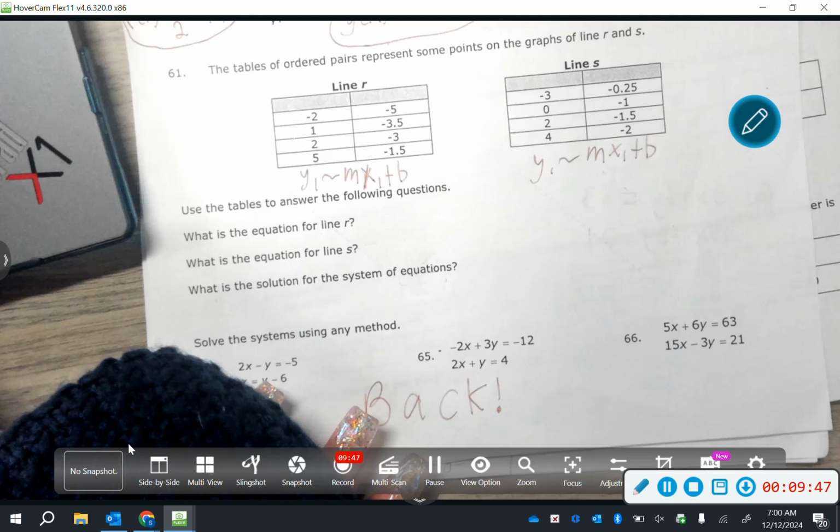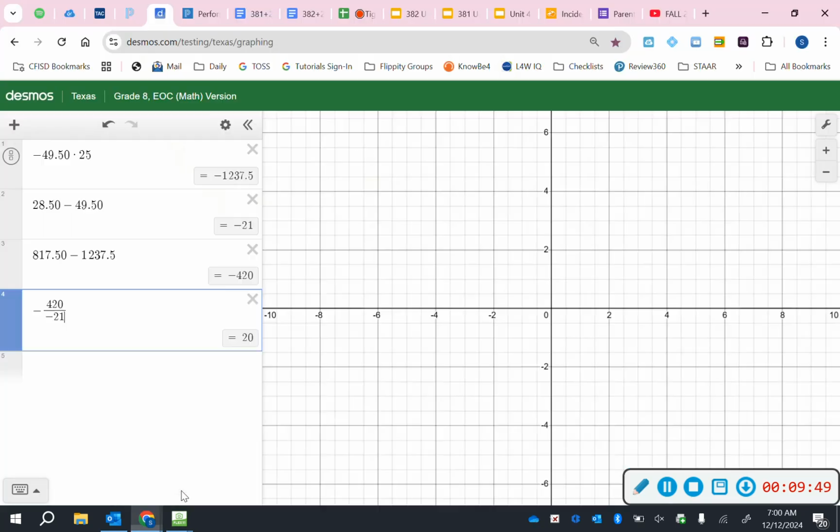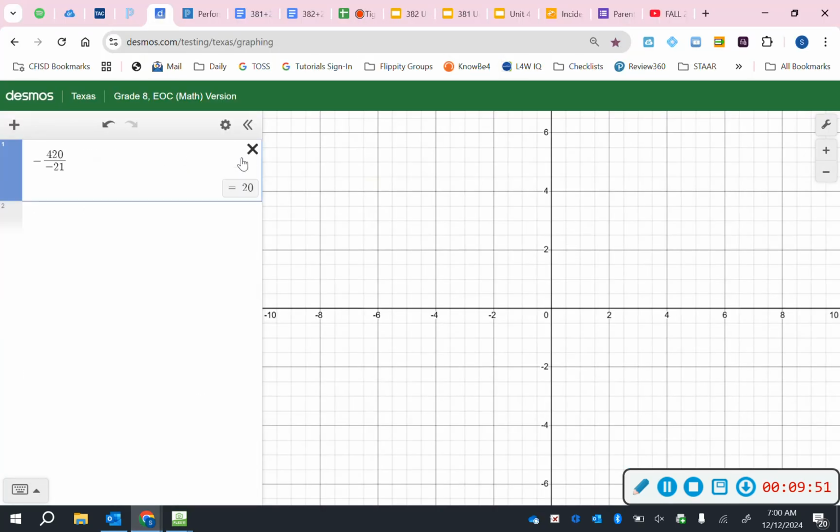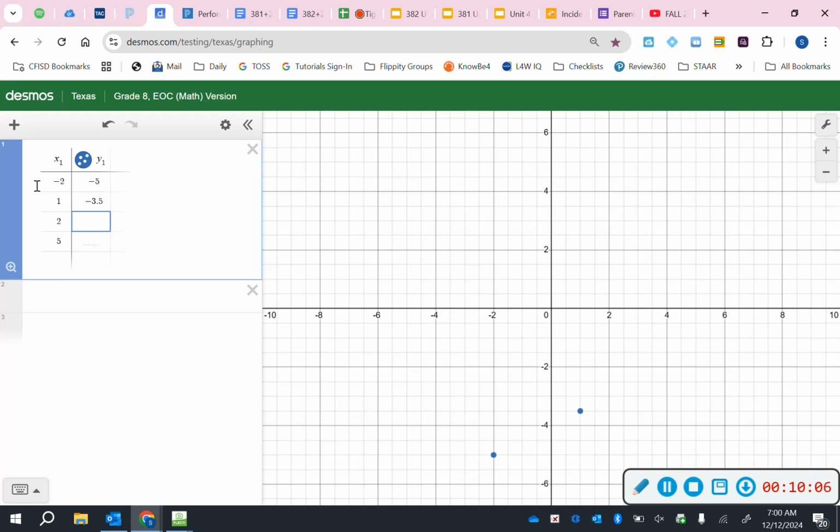I'm gonna calculator that. So plus sign table. They gave us -2, 1, 2, and 5, and they gave us -5, -3.5, -3, -1.5.